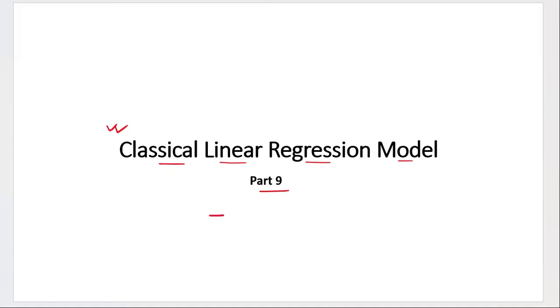So in this video, I'll cover the basic concept of heteroscedasticity. What is heteroscedasticity? I'll give you an example. I'll also explain with the help of a residual plot. And in the later part of the video, I'll go into the consequences of heteroscedasticity. If heteroscedasticity is present in your model, how will that affect the overall result of your model?